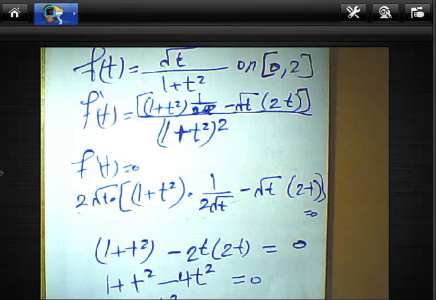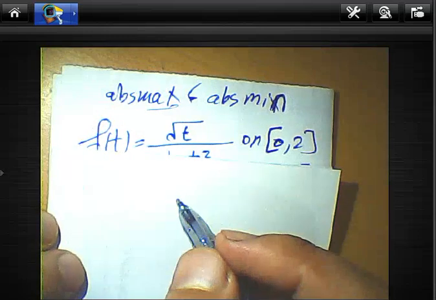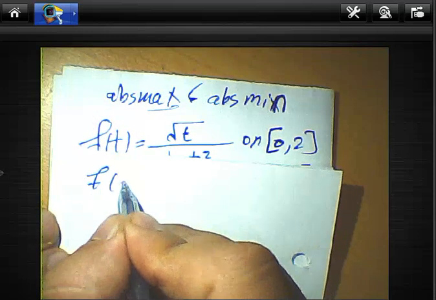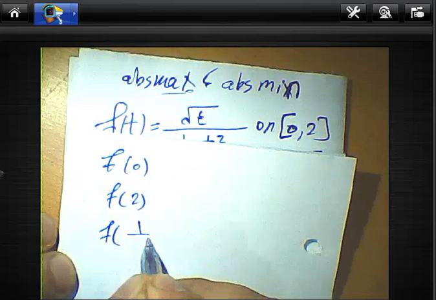Again, in this example we find f dash of t and set f dash of t equal 0 to find the critical number, and then we can find the absolute max and the absolute min of this function. We write f of 0, f of 2, and f of 1 over root 3.